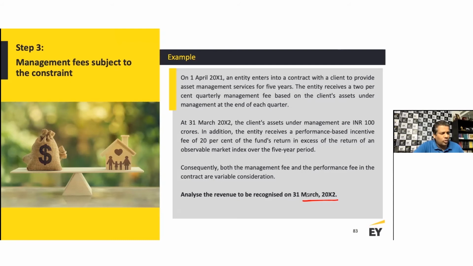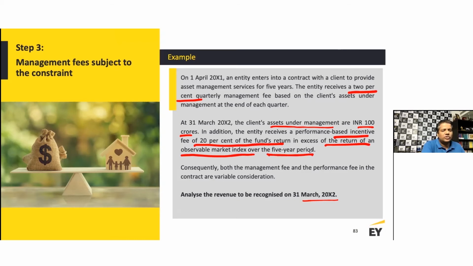Okay, so what is the variability? Whatever the assets under management, 100 crores, I'm entitled to 2% quarterly management fee, and the entity receives a performance-based incentive fee of 20% of the fund return in excess of the return of an observable market index.